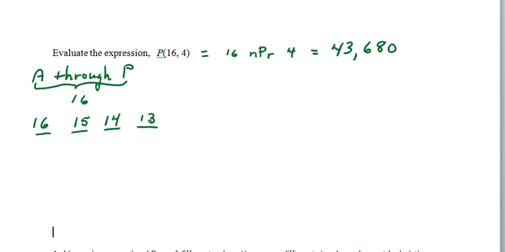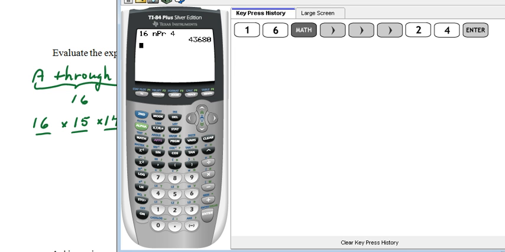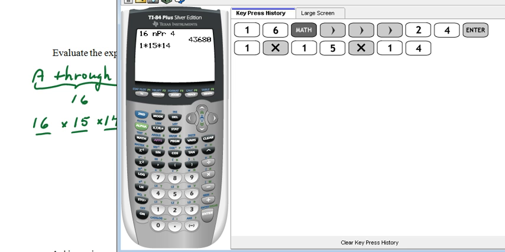So we should also be able to get the same answer by going 16 times 15 times 14 times 13, because this computes the very same value. So 16 times 15 times 14 times 13.